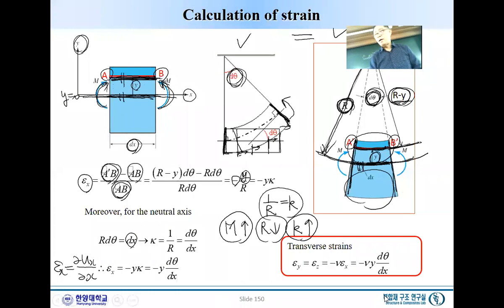Now, I will call this calculation of strain. We just observed the strain in the top surface and bottom surface. But what we would like to do is to calculate the strain as a function of y. Y means through the thickness.